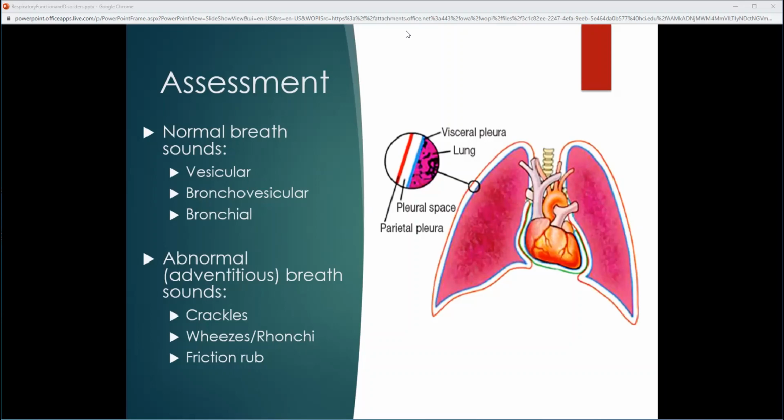To be honest, they all sound the same, okay? Doesn't sound like clear air moving through. It's gonna get a little bit lower pitch when you get to that area, but I would not obsess myself with trying to figure out the difference between bronchovesicular or vesicular sounds. Just know those three are normal.